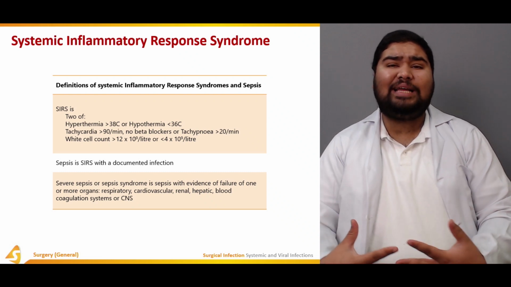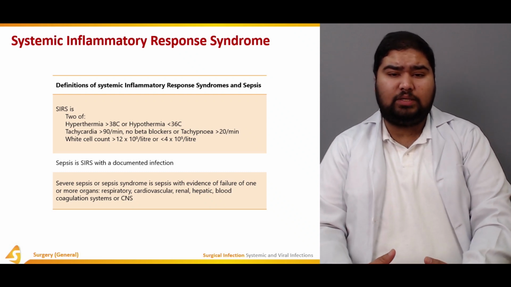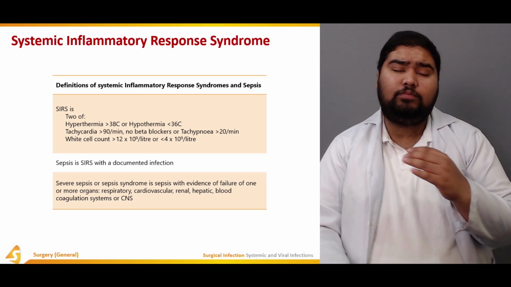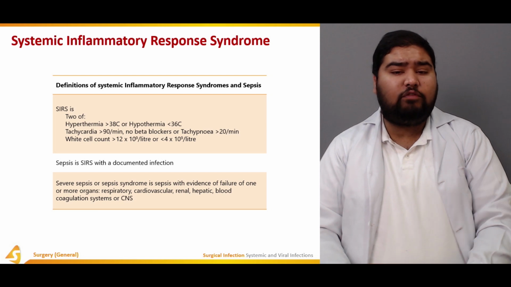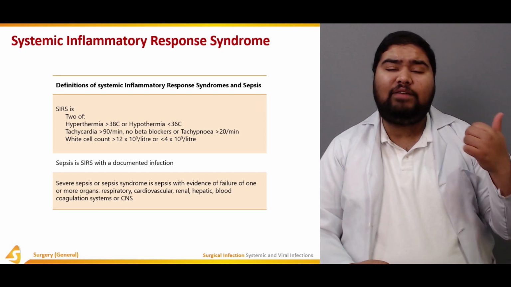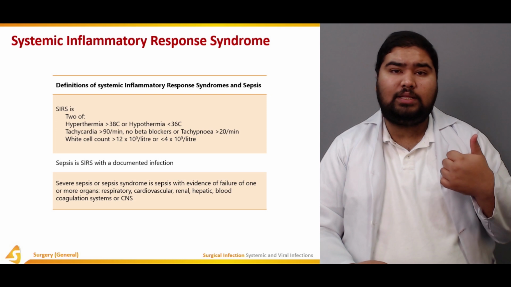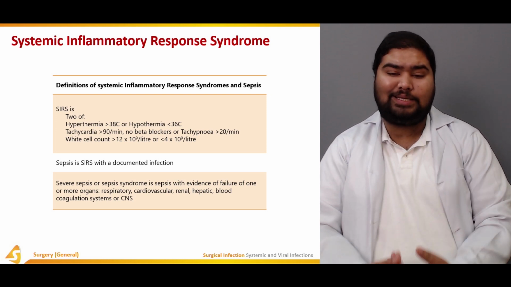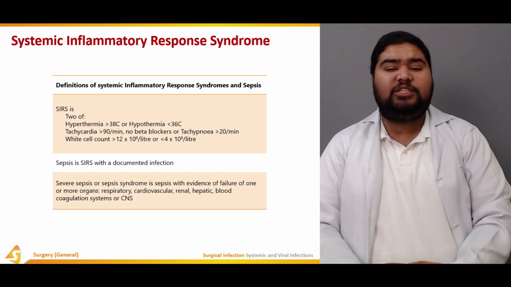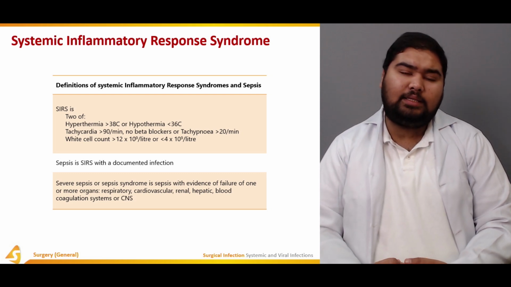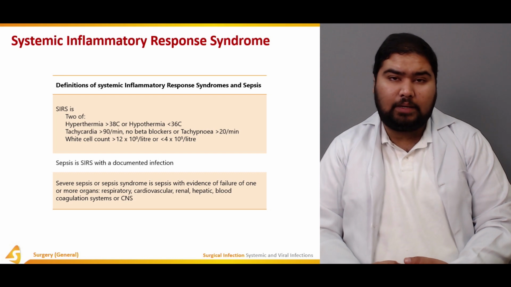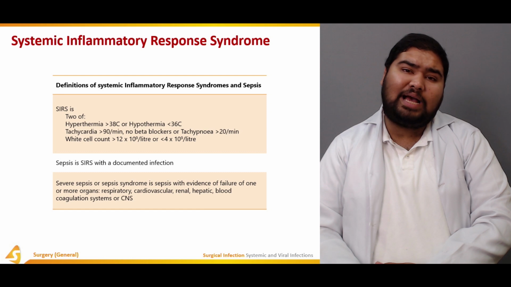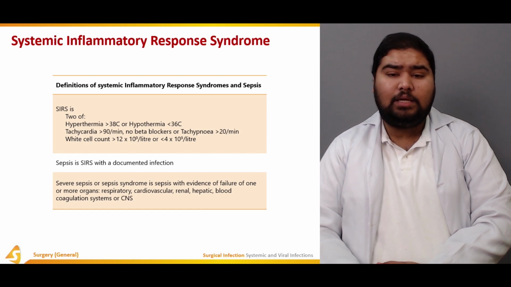So what exactly is systemic inflammatory response syndrome? It consists of two of the following. The patient can have hyperthermia, that is more than 38 degrees centigrade, or hypothermia, that is less than 36 degrees centigrade. The patient can have tachycardia, that is more than 90 beats per minute. However, tachycardia is relative to the patient's heartbeat at resting state.